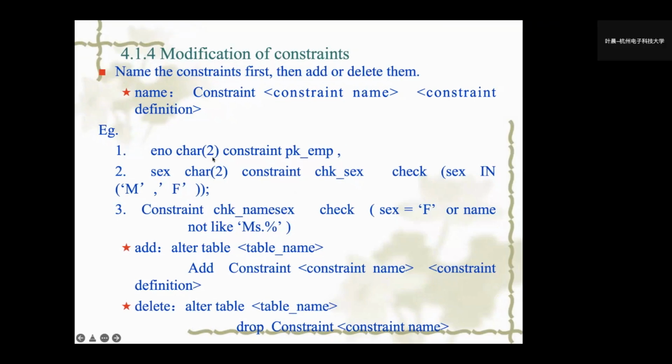After the definition, we can use ALTER TABLE table name ADD CONSTRAINT constraint name and constraint definition to add a constraint to this existing table. And we can also use DROP to delete the existing constraints from tables. So that is the function of deleting constraints.